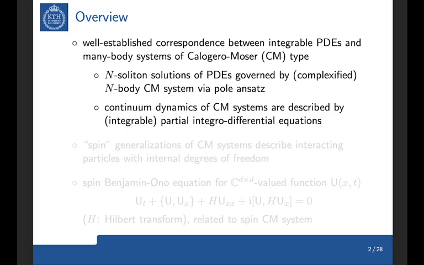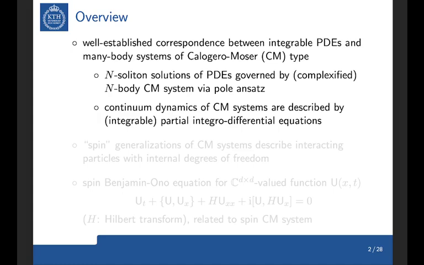In fact, this correspondence is well known, at least in the spinless case, and it can be realized in two ways. In the first way, special solutions of an integrable PDE, for example soliton solutions, are shown to be governed by a complex CM system via a pole ansatz.